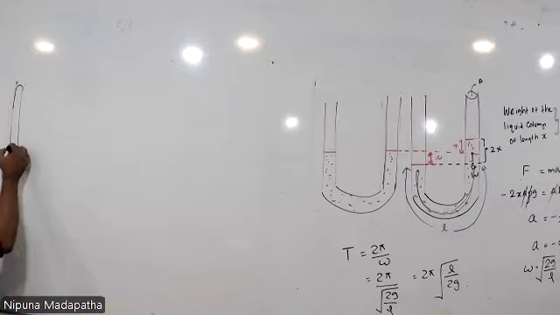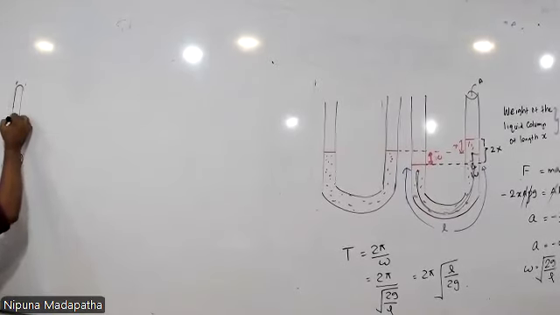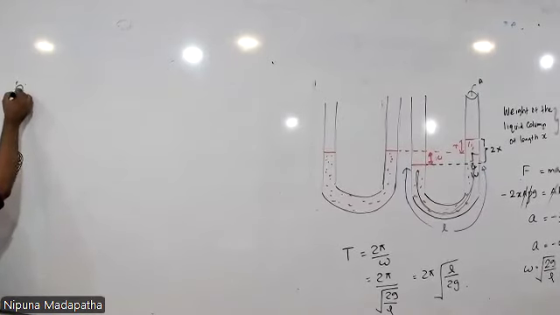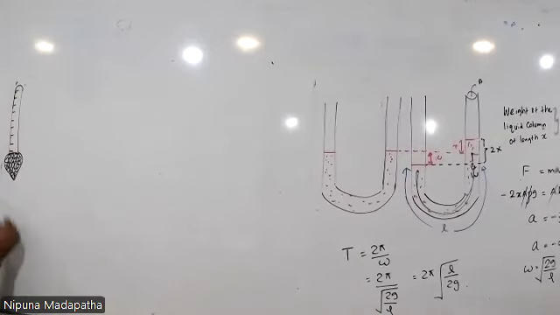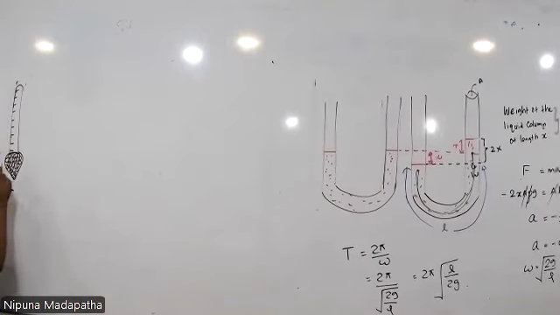So we have a calibrated, graduated scale here, with equal gaps for equal density differences.